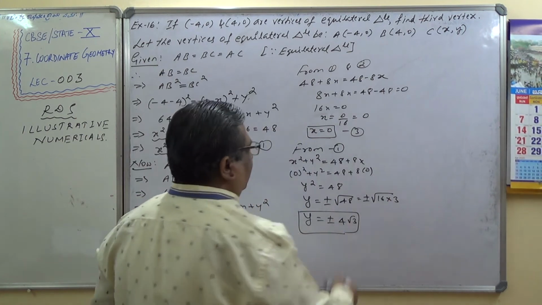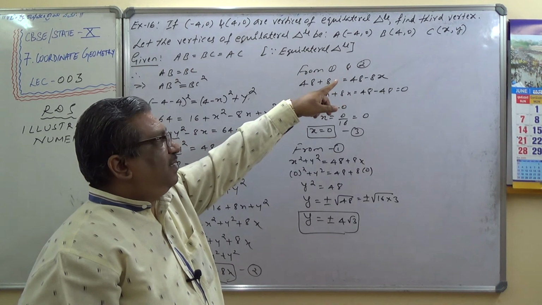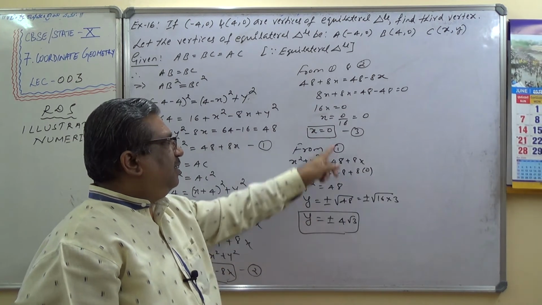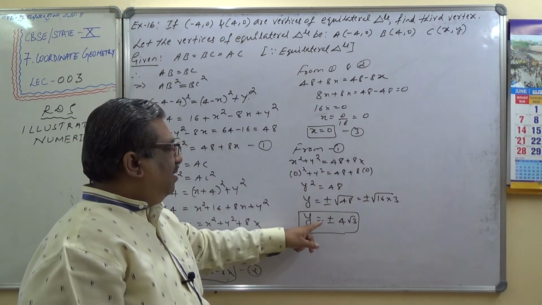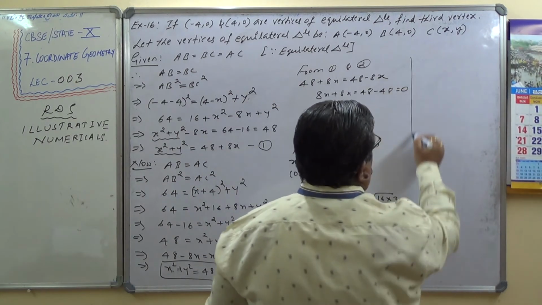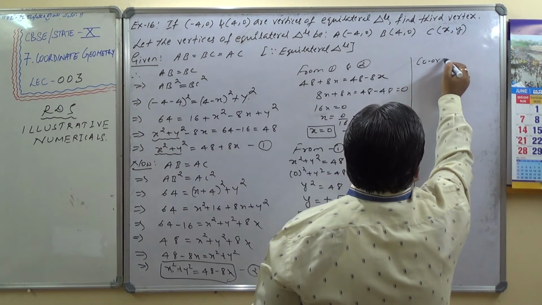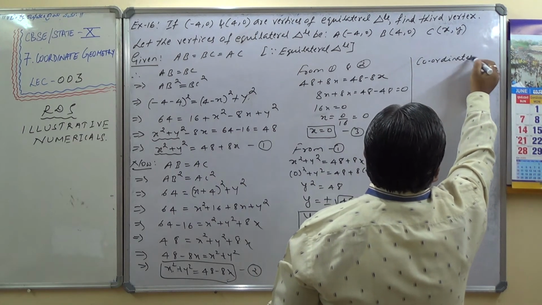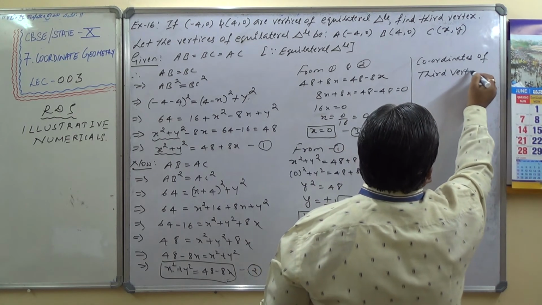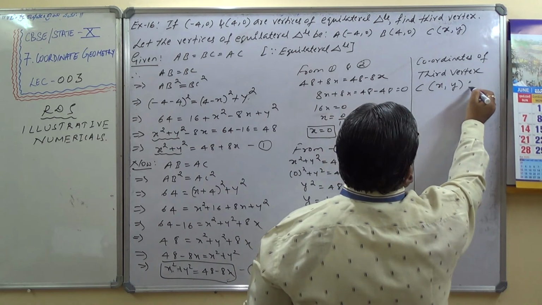And finally, two cases. Coordinates of vertex C for case 1 will be 0, plus 4 root 3, and case 2 will be 0, minus 4 root 3. So therefore, final answer writing, coordinates of third vertex C x, y.